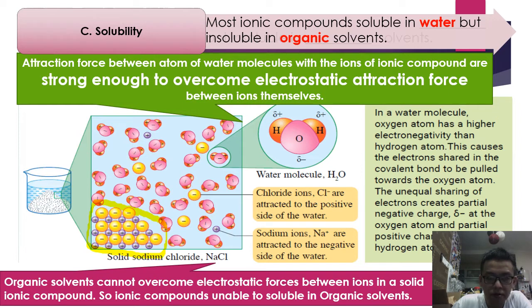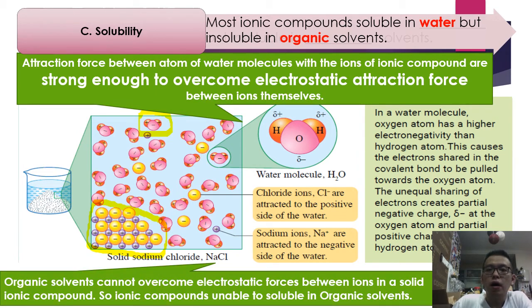The attraction from the water is strong enough to overcome the electrostatic attraction force between the ions themselves. That means the water molecules, H2O, are able to overcome the electrostatic force among the ions themselves. They can pull away the ions.